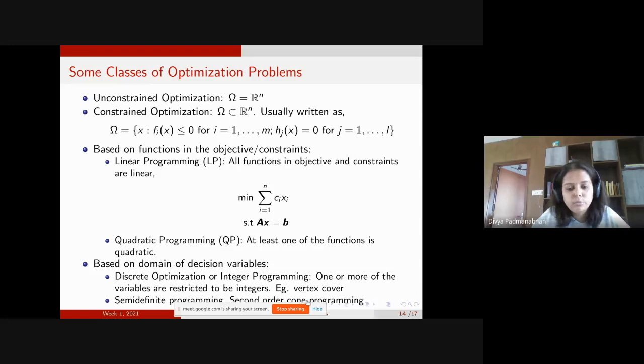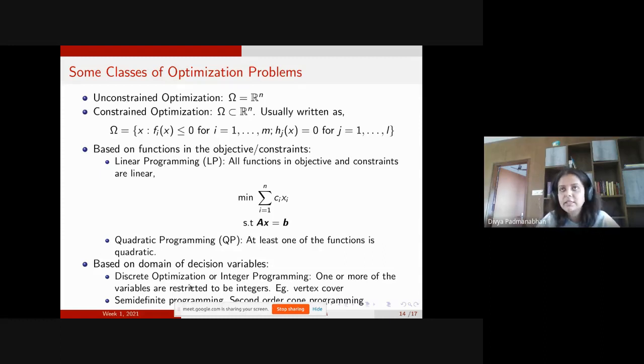And second order cone programming is a specific form of what is called cone programming. These x's lie in what are called cones. This is just to tell you that it's a vast field, and there are different classifications. Here we are just going to look at unconstrained and constrained optimization problems, and we would cover some part of LPs also.